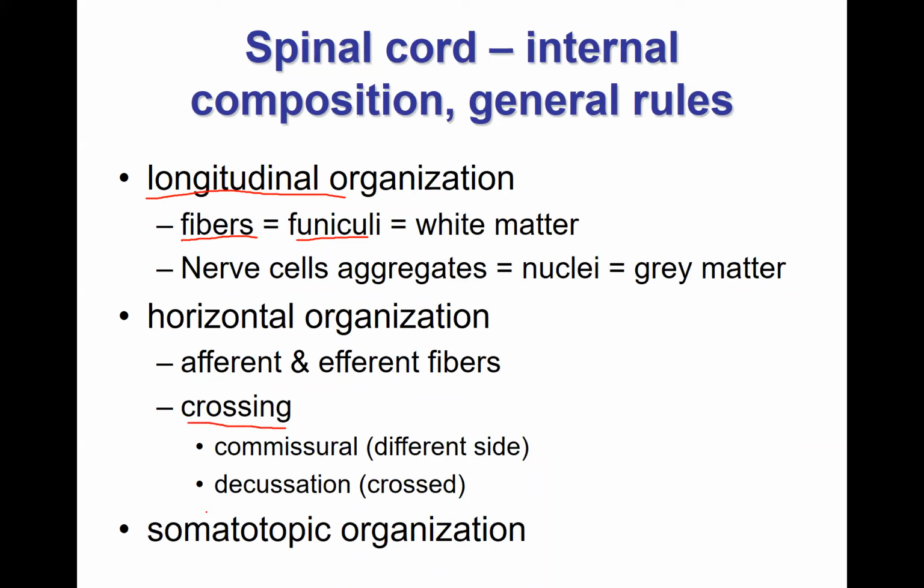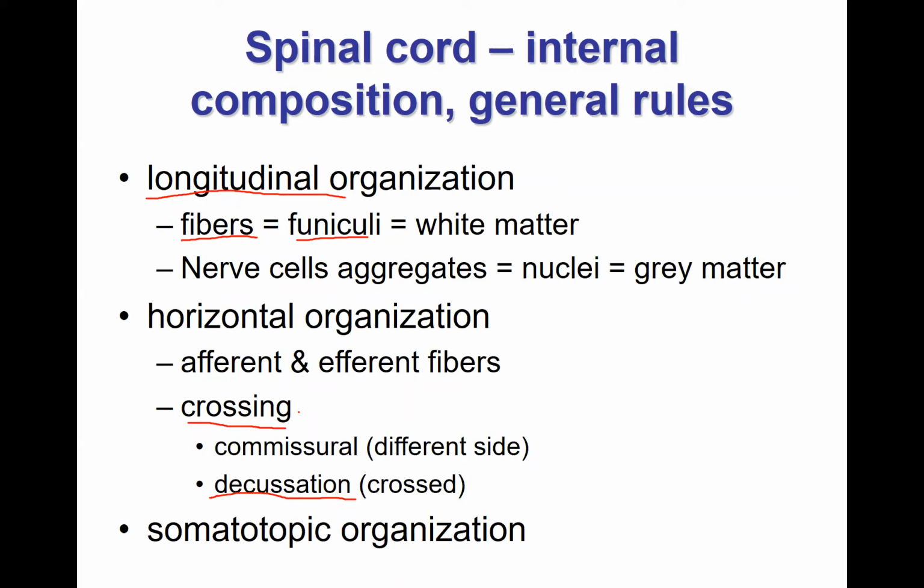When they cross from the left to the right, like the pyramidal tract at the level of C1, we call it decussation. So decussation is a crossing of the fibers inside the central nervous system. When it's outside, you know it as a chiasm, and the optic nerve and optic chiasm you already know. So that's a crossing of fibers outside the central nervous system. Inside, it's called a decussation.